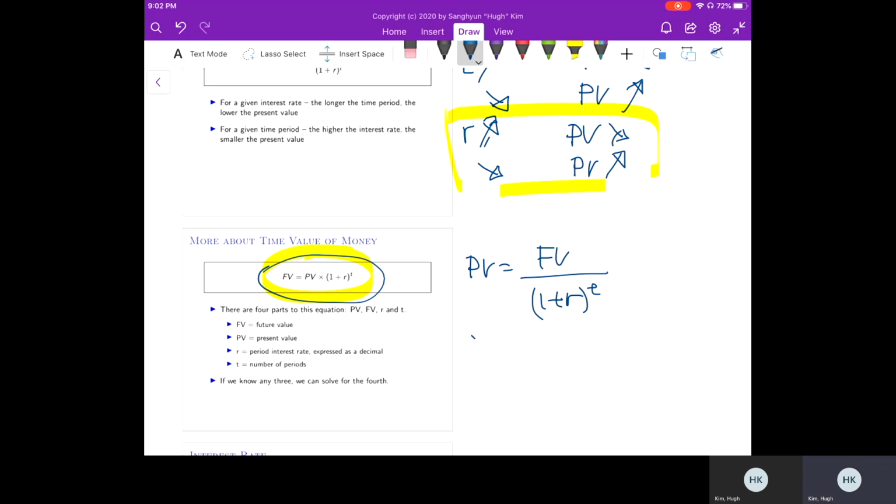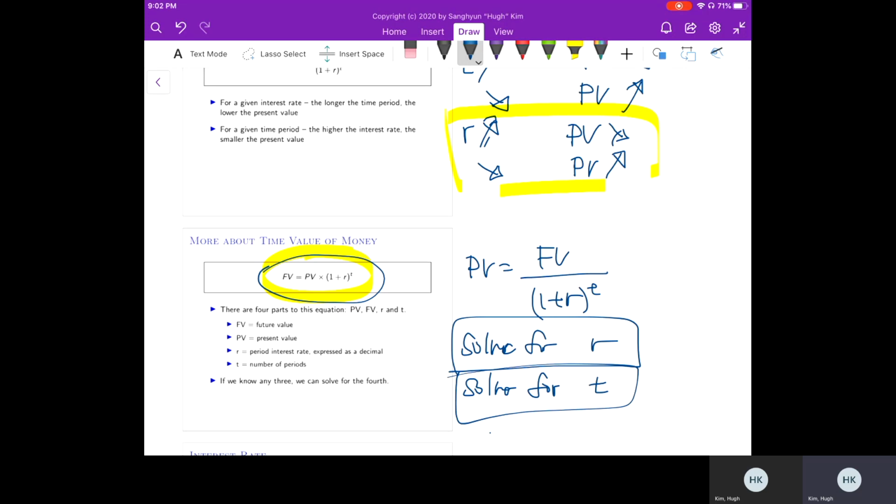Similarly, we can solve for r, and we can also solve for t. We can solve for r to find the return on the investment, and we can solve for t to calculate how long it takes for the investment to reach a certain value.